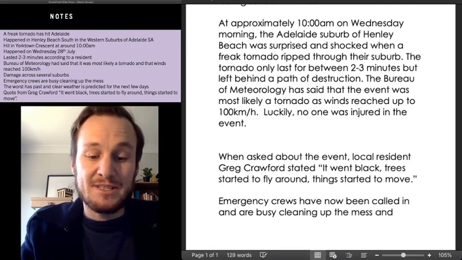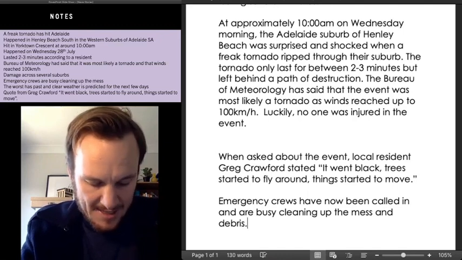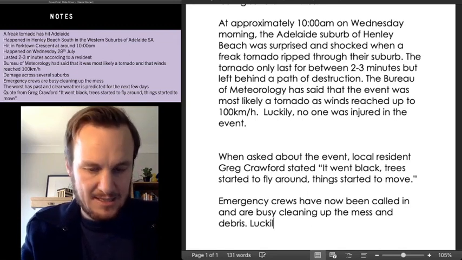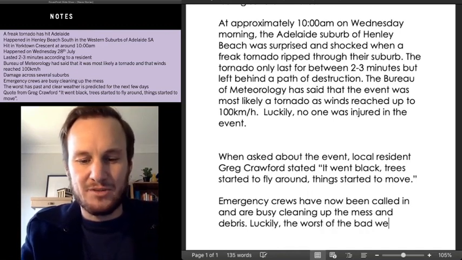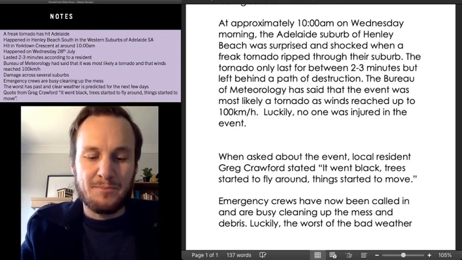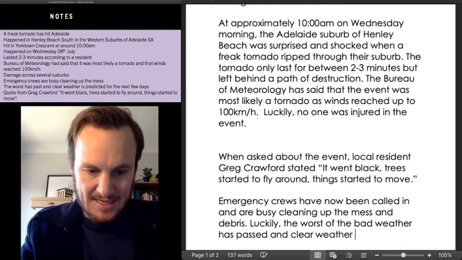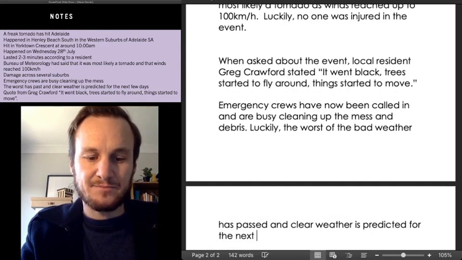And I'm going to use the word debris, which also just means like stuff that's been knocked around. And then I'm going to say, luckily the worst of the weather, the bad weather, I don't know if that's the word I would use, but anyway, the bad weather has passed and clear weather is predicted for the next few days.